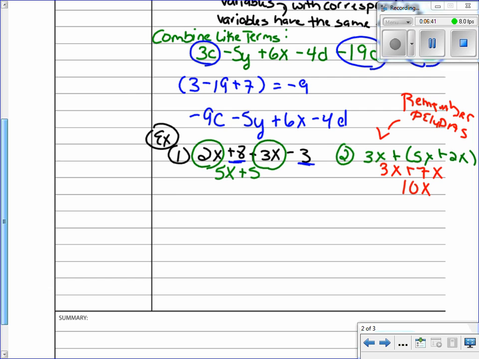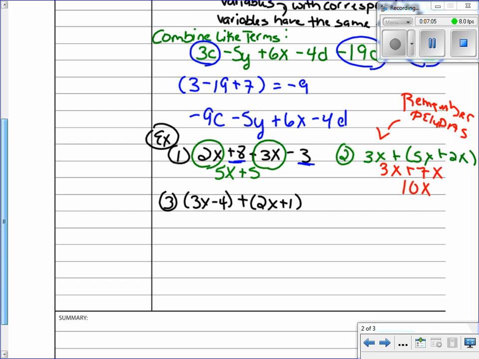Example 3: the quantity of 3x minus 4 plus the quantity of 2x plus 1. Remembering our order of operations, we want to do our parentheses first, but nothing can be combined inside the parentheses.